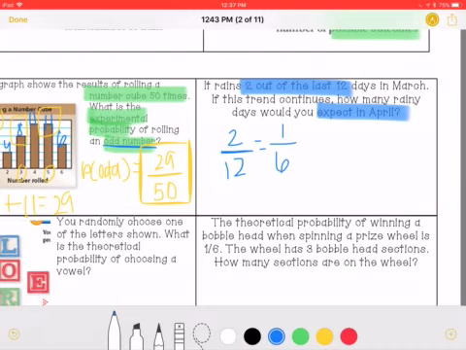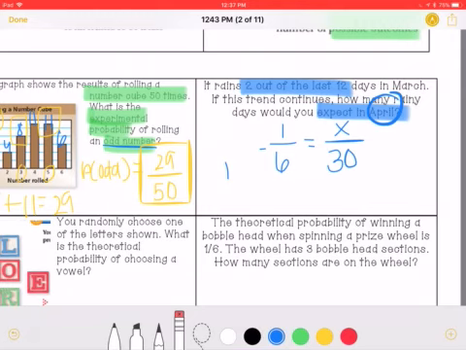So we would need to know how many days are there in April. Well, we're in May now. April just ended. There were 30 days in April. So if there's going to be 30 total days, out of those 30 days, how many days would you expect it to rain if it rains 1 out of every 6th day? So we're just going to solve this proportion. You could cross multiply.